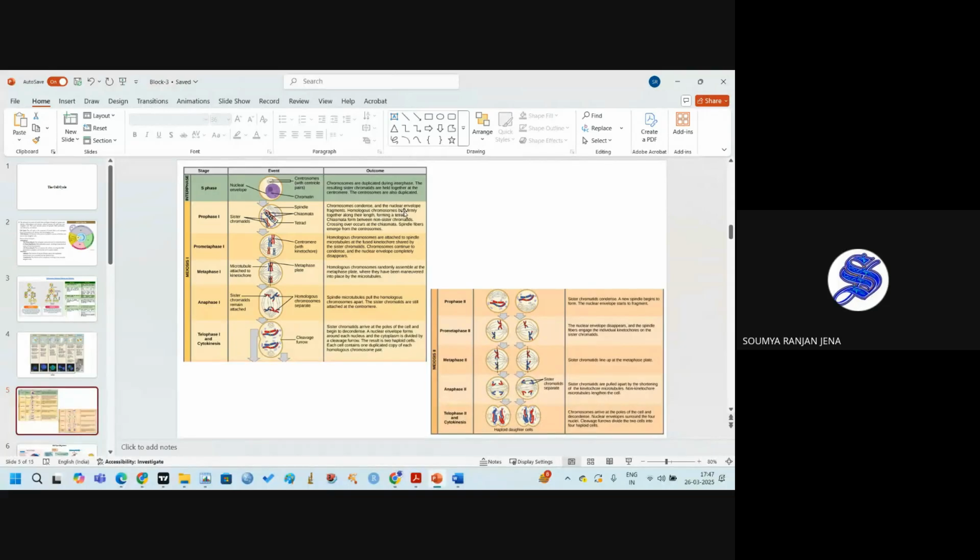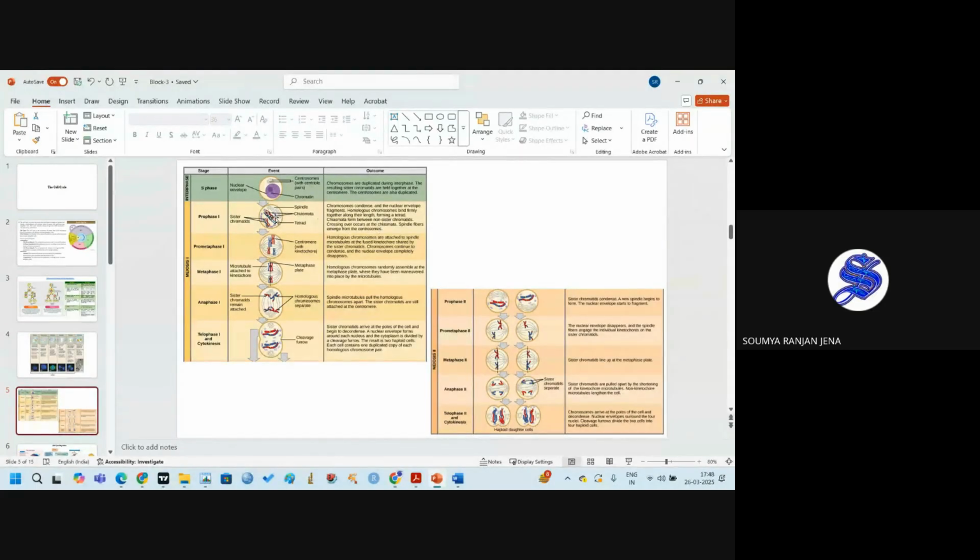Then homologous chromosomes bind firmly together along their length in this figure, forming a tetrad, and this tetrad will form chiasmata between non-sister chromatids. Non-sister chromatids means two different chromosomes.